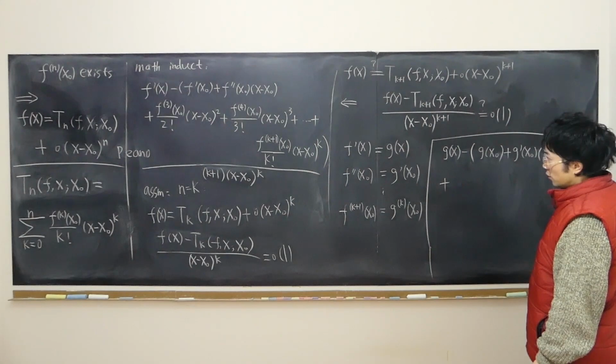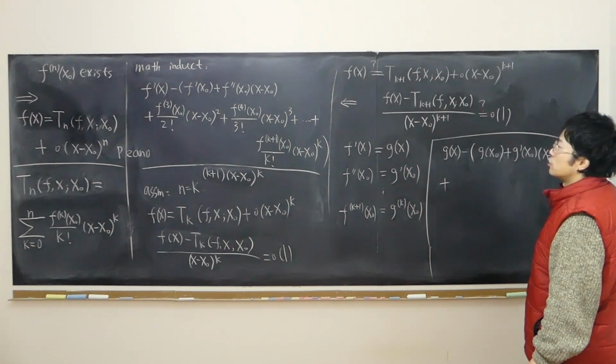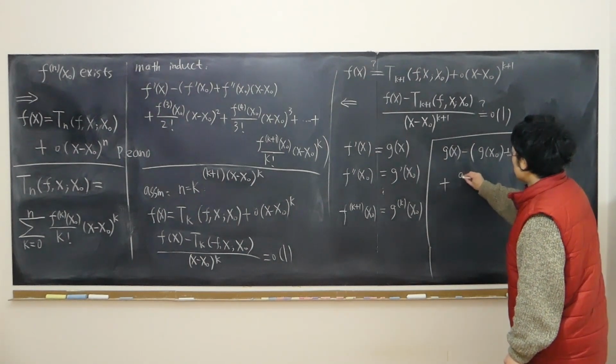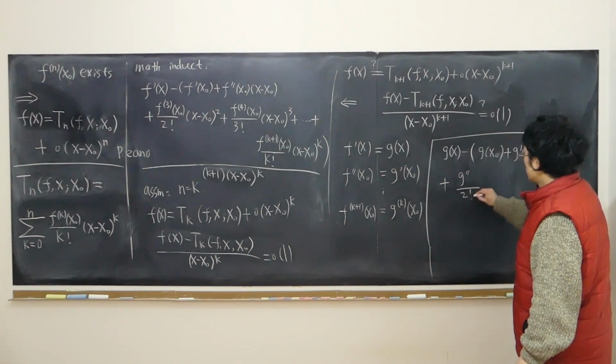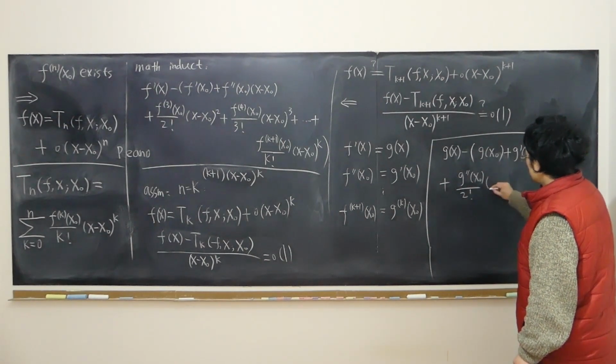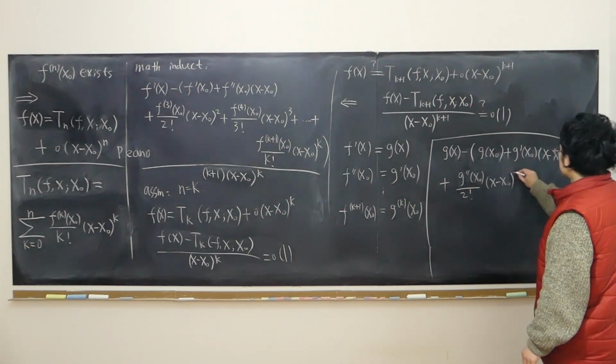The third order derivative of f, like I said, is equal to the second order derivative of g, g double dash, over 2 factorial, at x naught times x minus x naught to the power of 2.